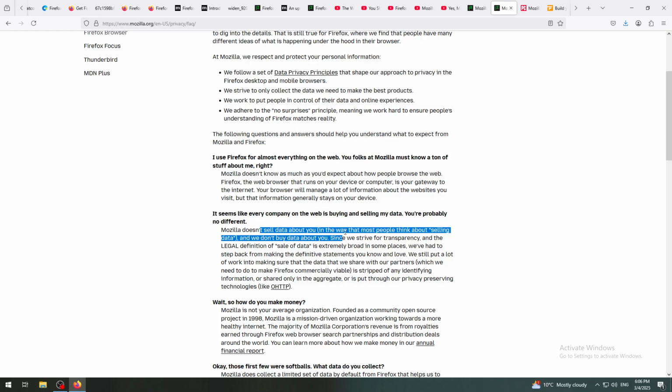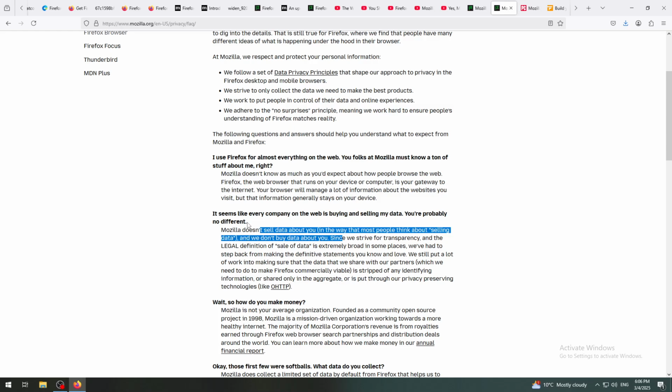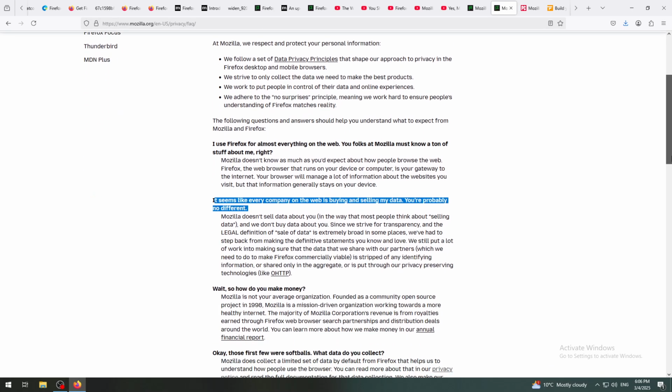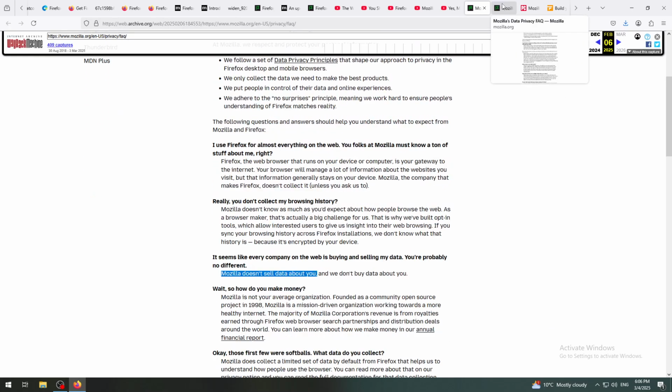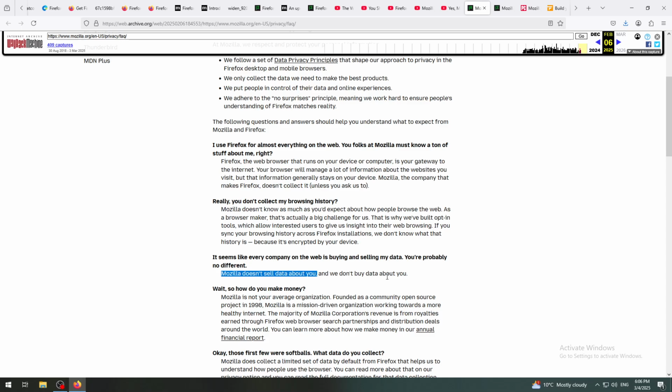So look how that simple but strong statement changed. It's the same question: it seems like every company on the web is buying and selling my data, you're probably no different. Same topic, now on the same page, but one month later. It doesn't say Mozilla doesn't sell data about you and we don't buy data.